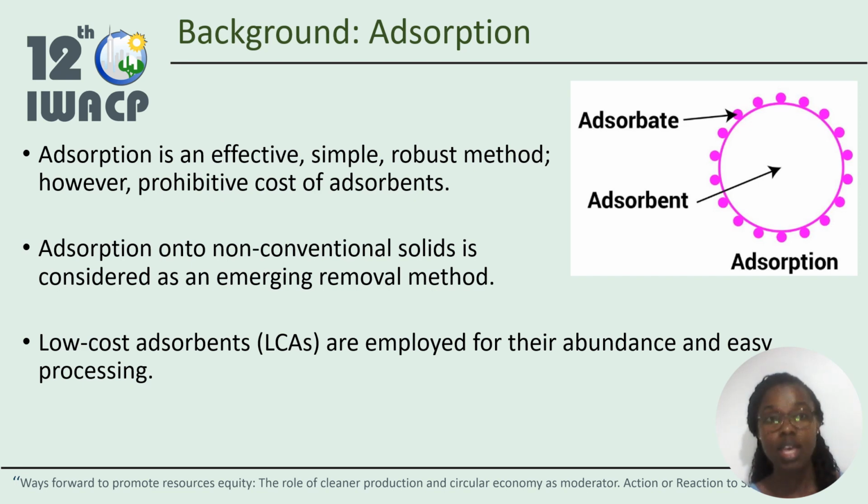However, the cost of conventional solids, such as activated carbon in the form of PAC and GAC, has a prohibitive effect on the use of this technology. This is because the material tends to be relatively expensive and proves to be challenging to regenerate. As a result, the use of LCAs is crucial.